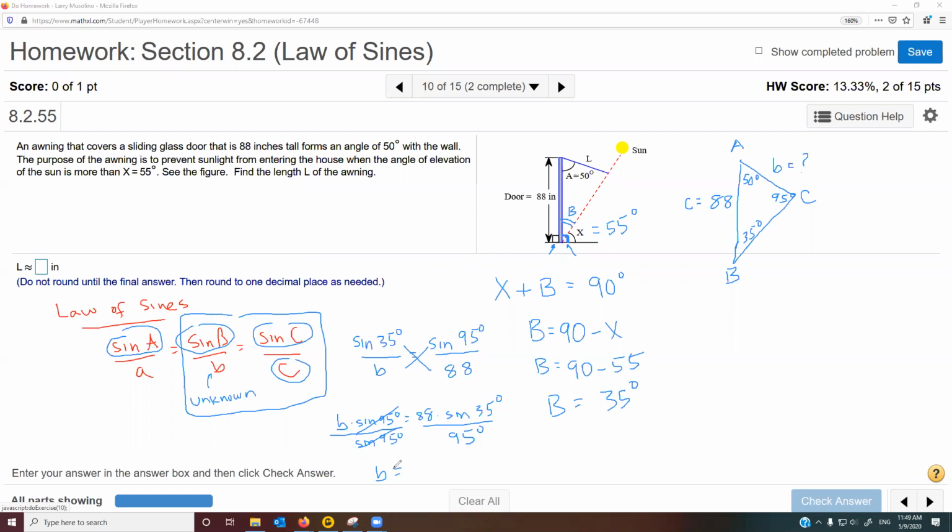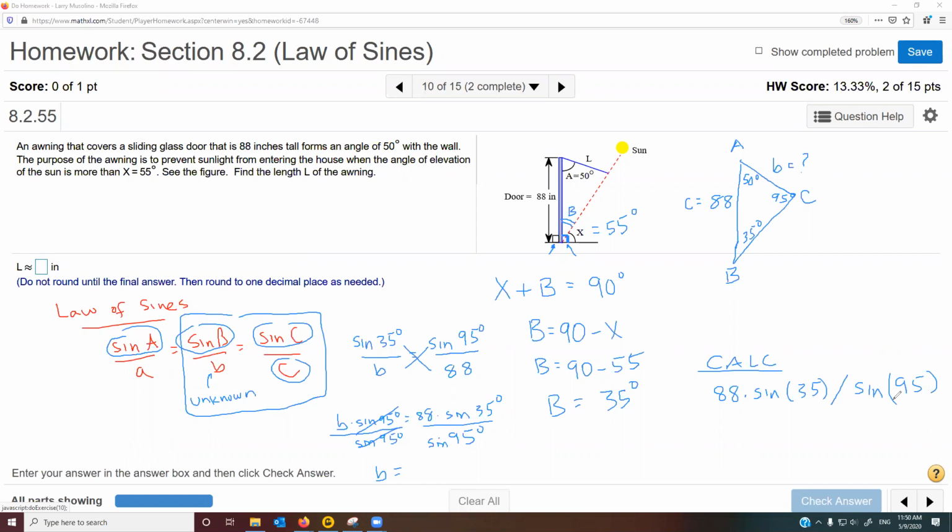Again, I'm going to type this all in at once on my calculator. Let me show you what I'm typing in on my calculator. So on my calculator, I'm just typing in 88 times sine 35 divided by sine 95. So again, I'm letting my calculator do the work for me, and I'm not trying to write down any intermediate results because that usually introduces rounding mistakes.